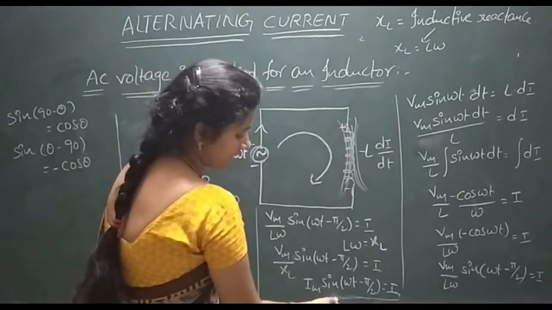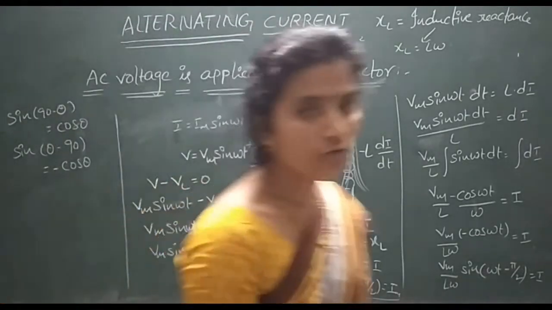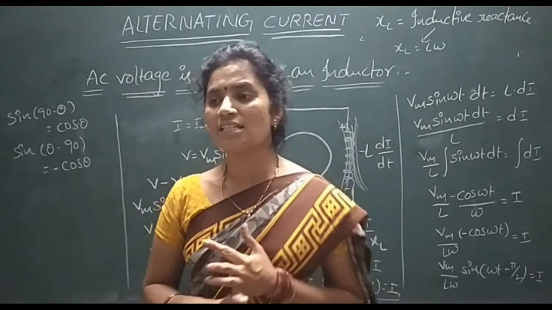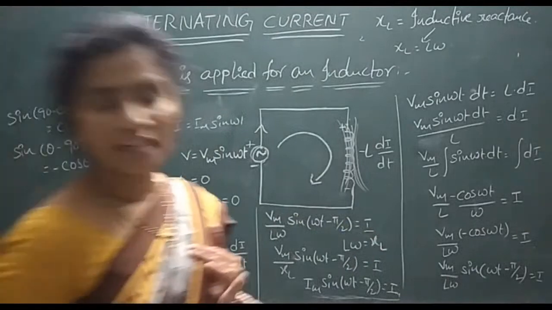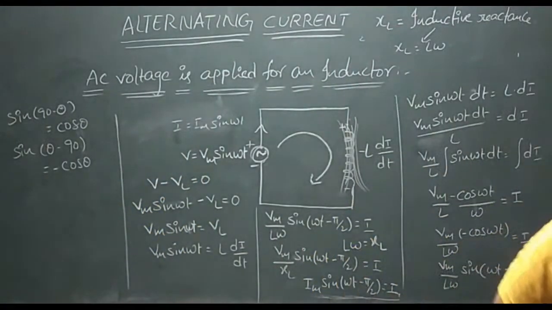In case of a resistor, there is no phase change, because V equals Vm sin omega t and I equals Im sin omega t.